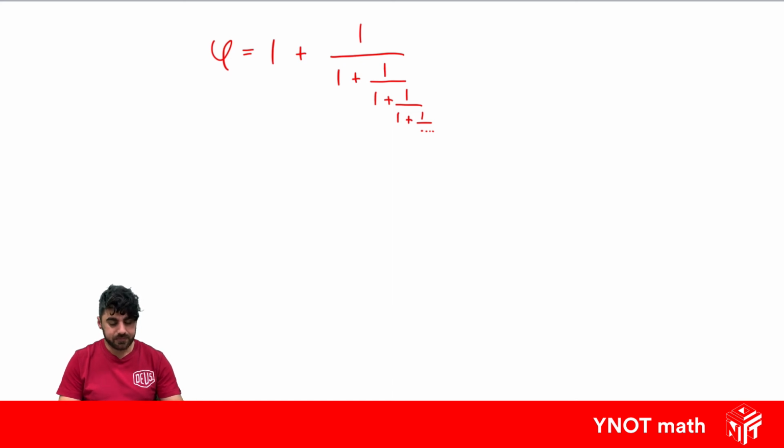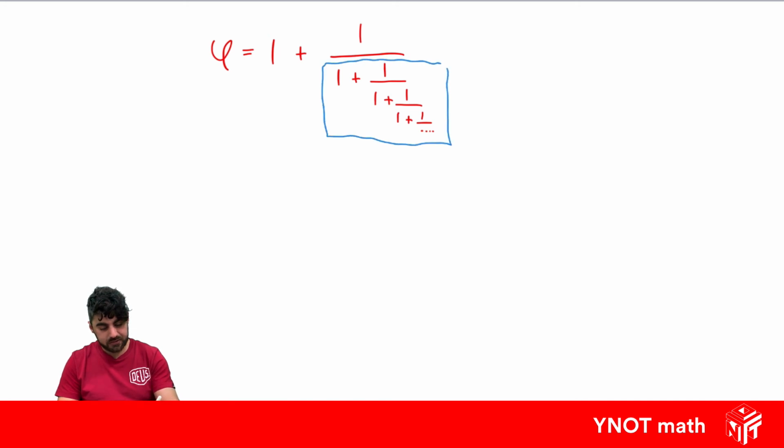Now, let's try and figure out what the golden ratio is from this. Well, this pattern actually just repeats itself. We can see that this part in here is actually the same thing as the golden ratio itself. It's 1 plus 1 over 1 plus 1 over, exactly the same as this entire expression.